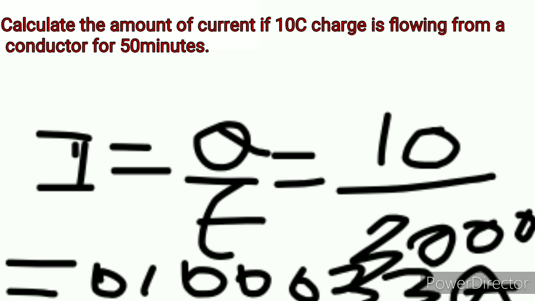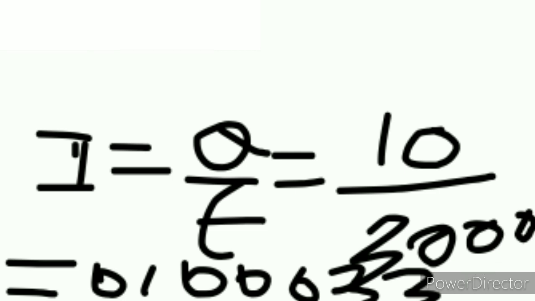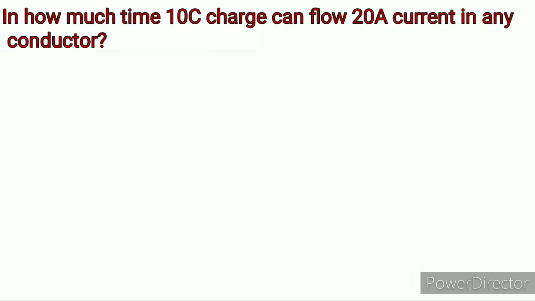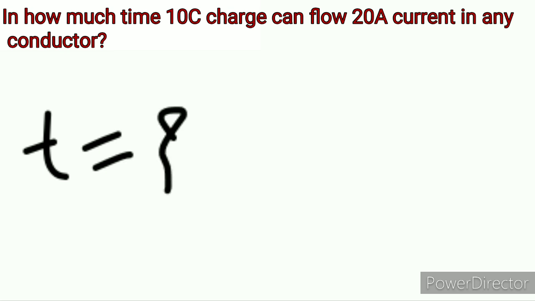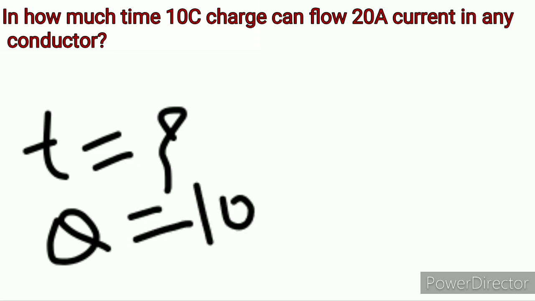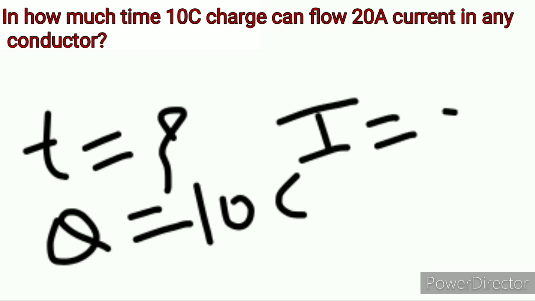So guys, I hope you have all understood the concept of current and charge based numerical questions. Let us discuss one more question based upon this formula. The question is: in how much time can 10 coulomb charge flow with 20 ampere current in a conductor? In this question we have to find the value of time. It is given that the charge Q is 10 coulomb and the current I is 20 ampere.